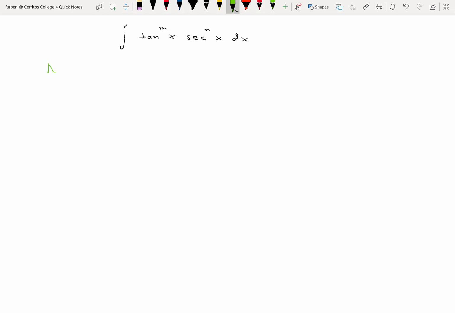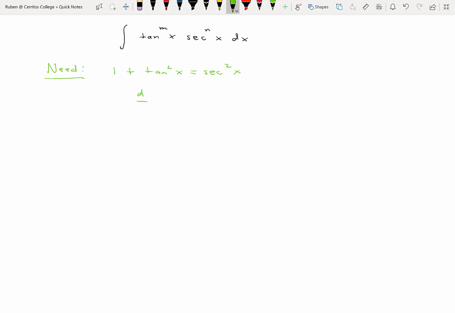We're going to need an identity from trig that says 1 plus tangent squared is secant squared. There's also the corresponding identity 1 plus cotangent squared equals cosecant squared. But we need this one for our case.